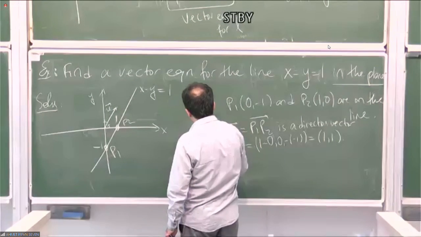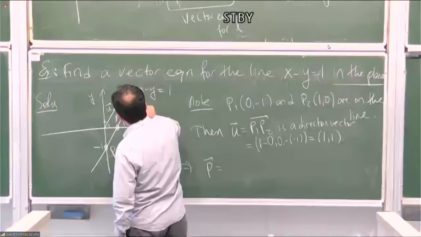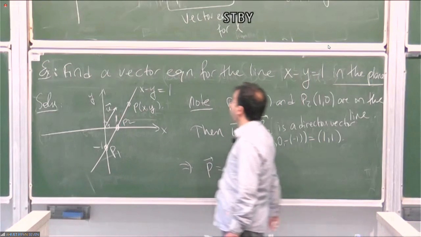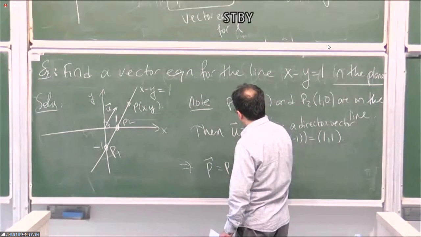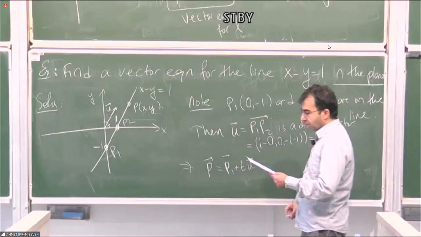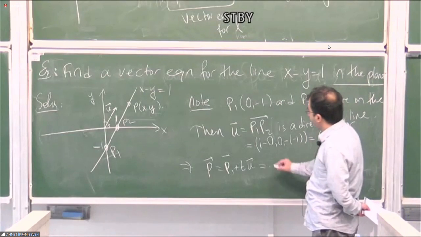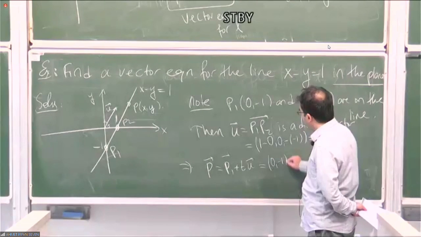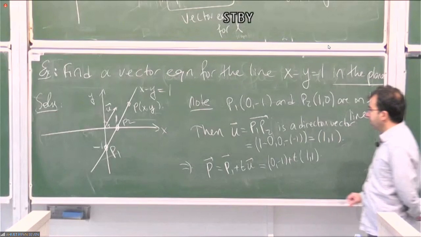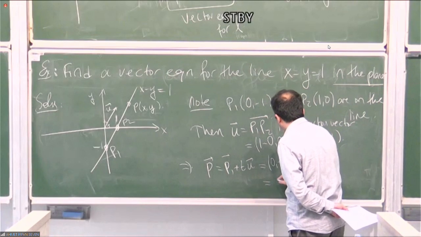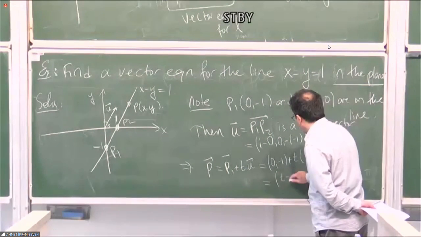Our vector equation will be as follows. P is a typical point. It will be P1 plus t times u. Let's write the components if you like. P1 is (0, -1) plus t times u, and u is (1, 1). Then if we write it explicitly, we will have t as the first component.